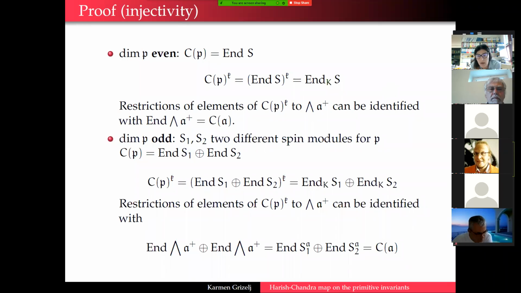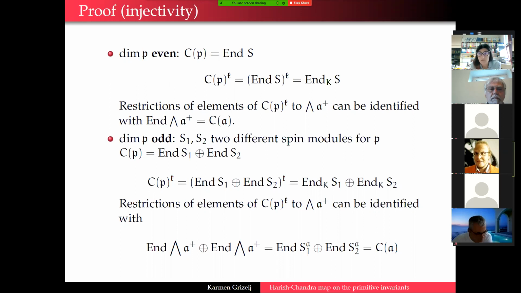Now, using Schur's lemma, we can see that the restrictions of the elements of these K invariants to the exterior algebra of A plus, or the spin module for A plus, can be identified with endomorphisms of the spin module of A. Again, using the same equality, but now not for the spin module for P but the spin module of A, we have that it's the same as the Clifford algebra of A. Actually, we get the same conclusion if the dimension of P is odd, but in this case, we have to take into account that we have two different spin modules.